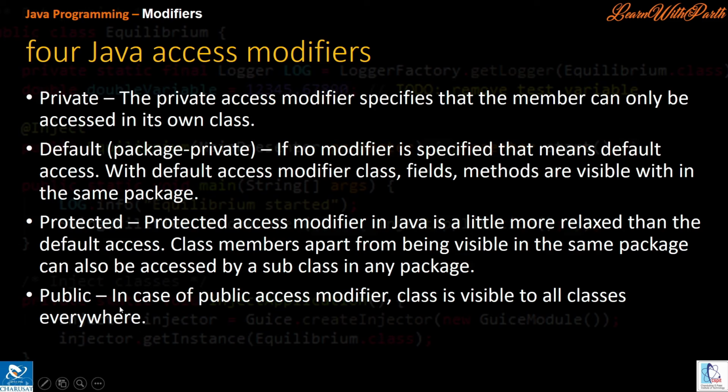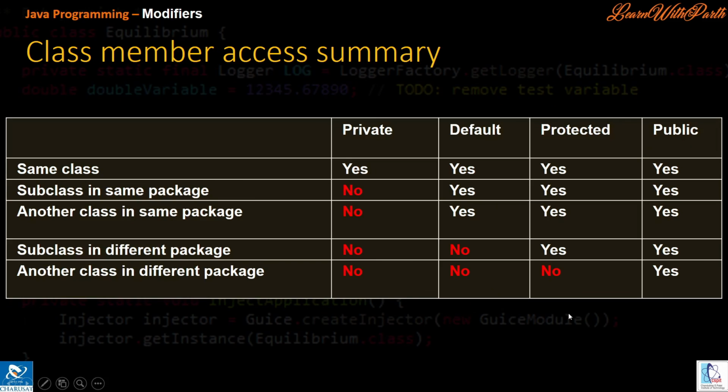The public modifier: in case of the public access modifier, the class is visible to all classes everywhere. So here you can see, if the member is declared private, then within the same class it is accessible, but outside the class, meaning a subclass in the same package, another class in the same package, a subclass in a different package, or another class in a different package, it is not possible.